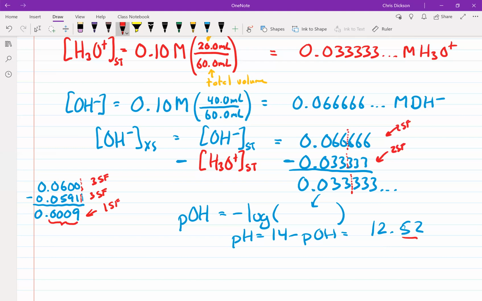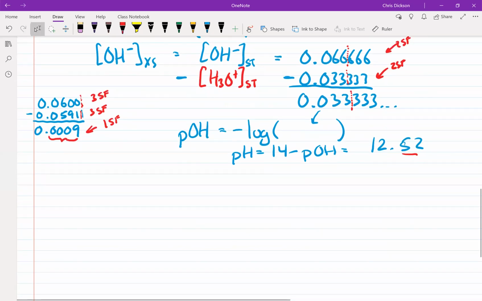Okay, so let's try a different problem. And I'm going to use this new method of solving it. And let's say that you have a beaker that has lots of acid here.